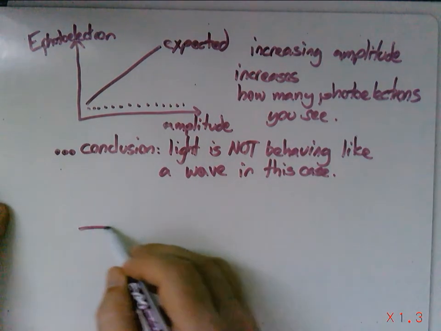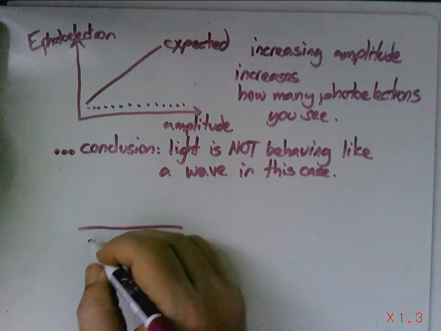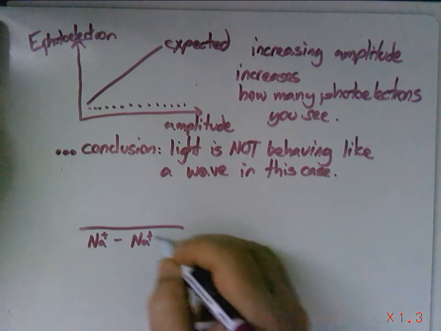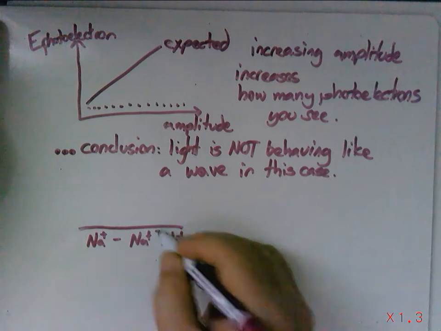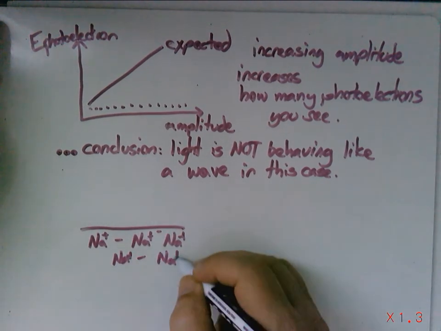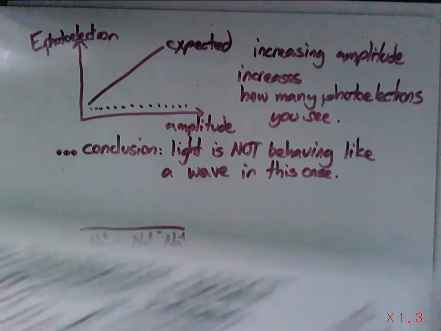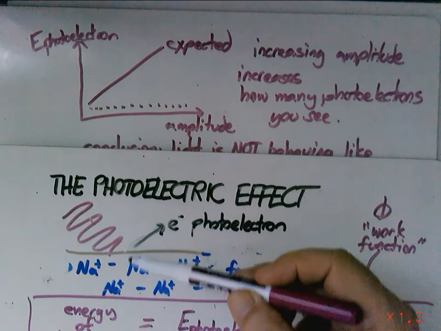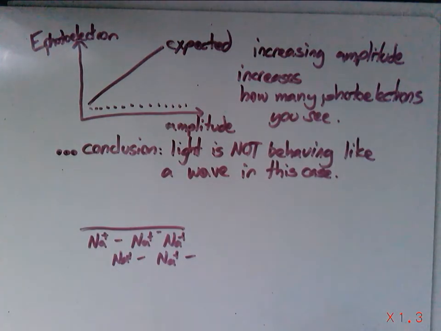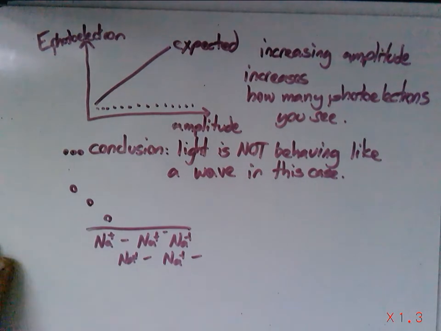Well, Albert Einstein, he was very young, he was working a summer job in the patent office, came along and explained what was going on here. Here's your metal. You got some electrons floating around in there, and instead of having a wave come in and oscillating that electron until it snaps out of the metal, he said what you're doing here is sending in a stream of energy particles.